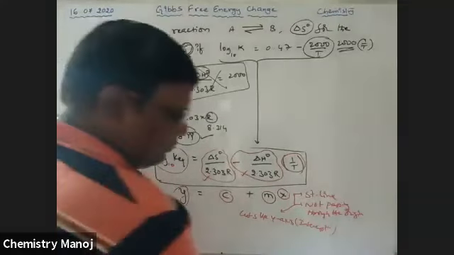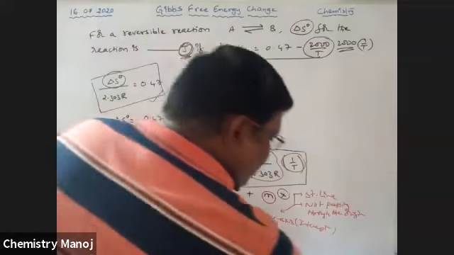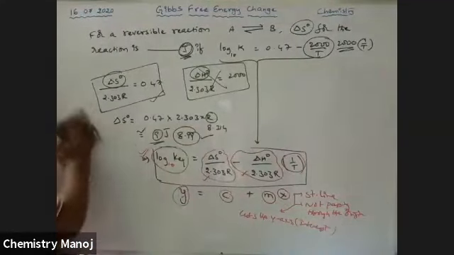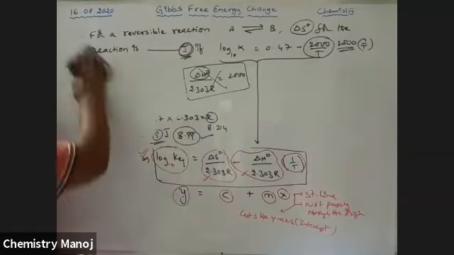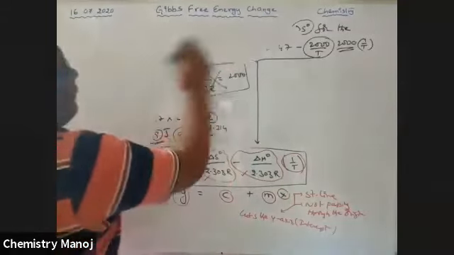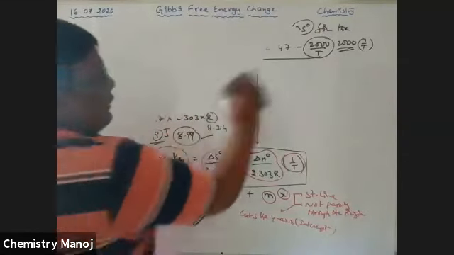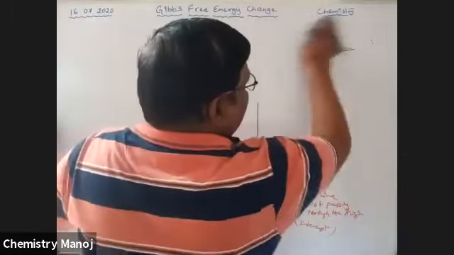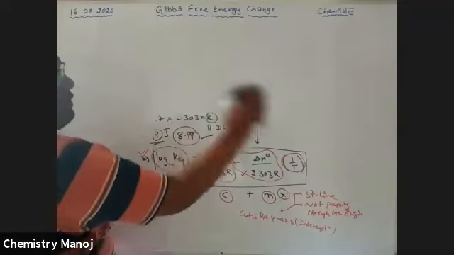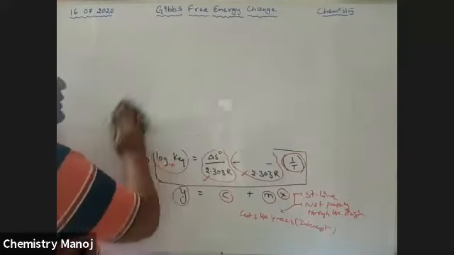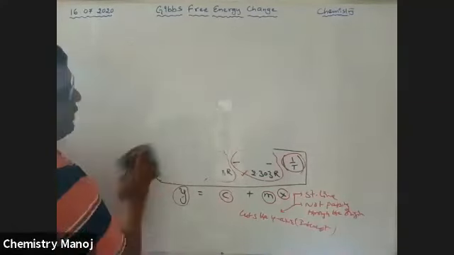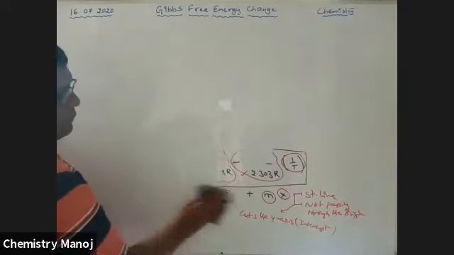Next one. In our chemistry, we are generally using chemicals, not a system. Delta G naught values for different chemicals, we must remember.